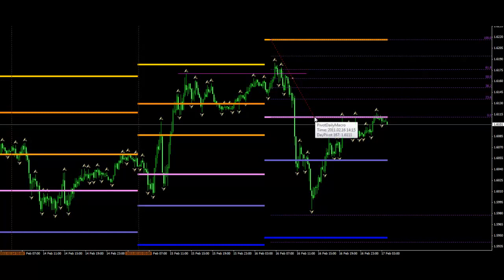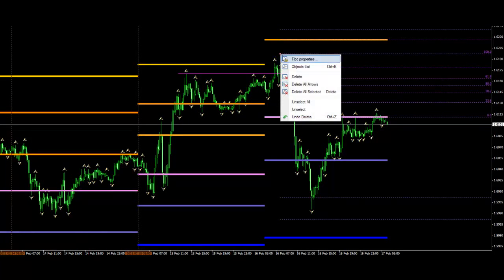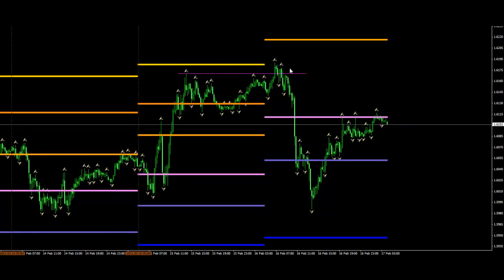Okay, let's take that fib out. We don't need it. Now it's basically illustrating the midpoint between central pivot and R1, so that would be MR1.